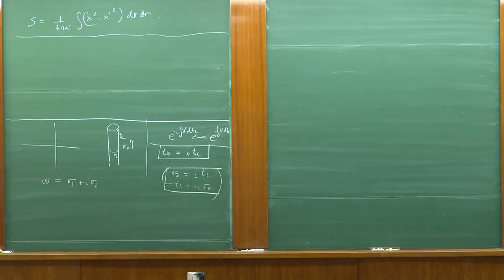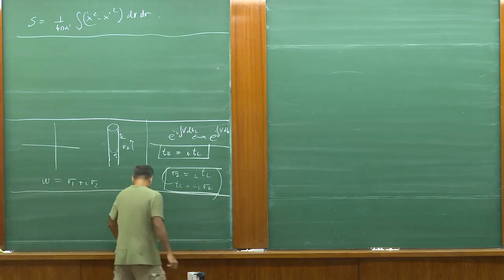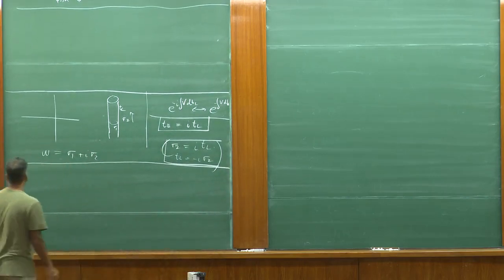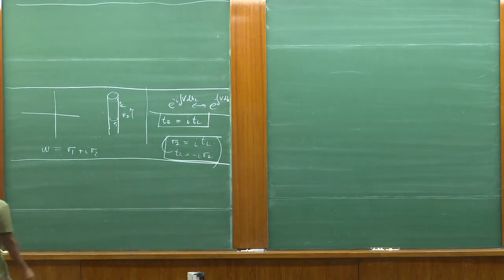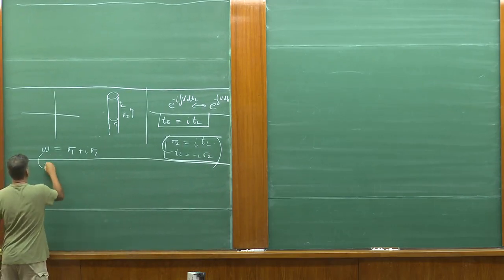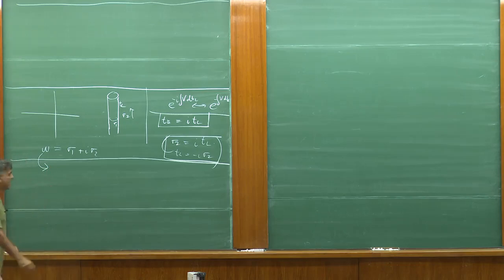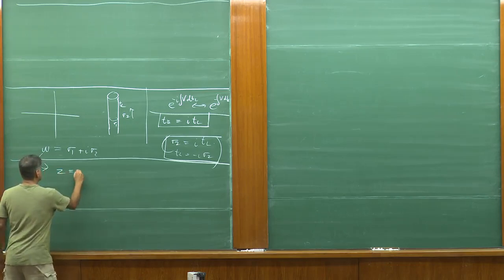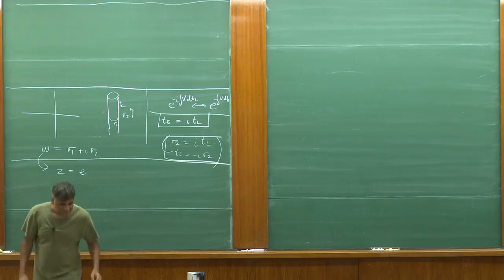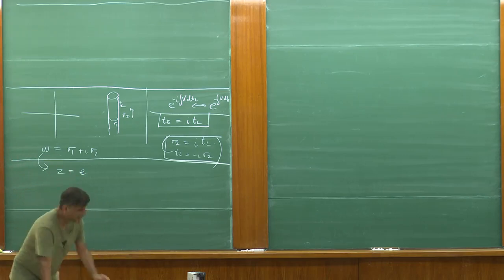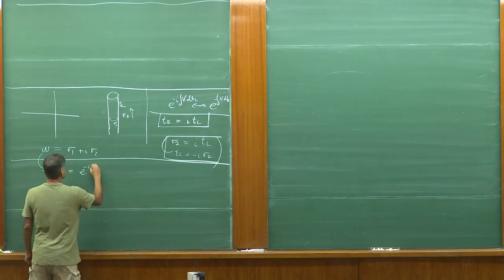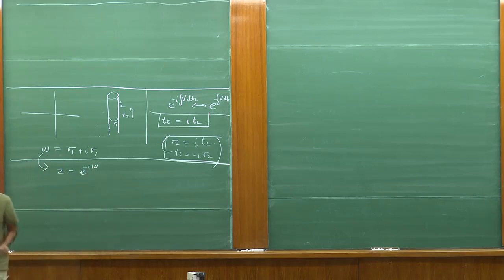Then the next thing he does, in going to the plane, is to define z equal to e to the power minus i w. Let's check that this has the properties we want.